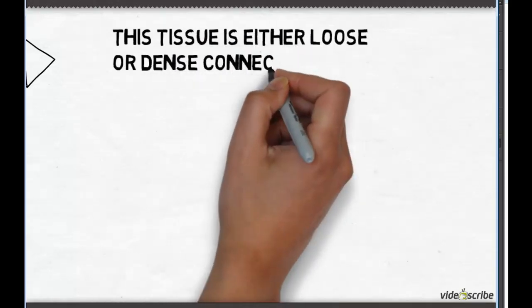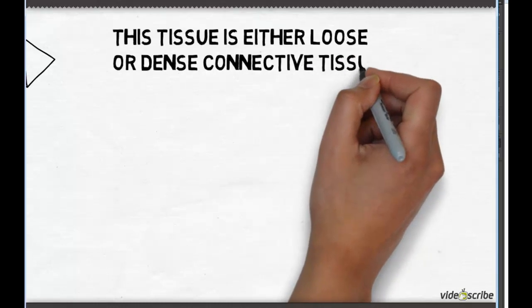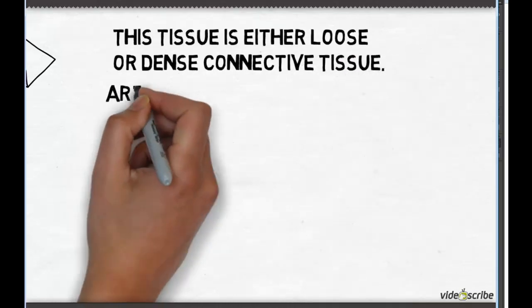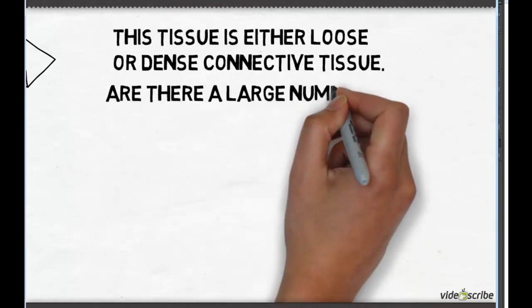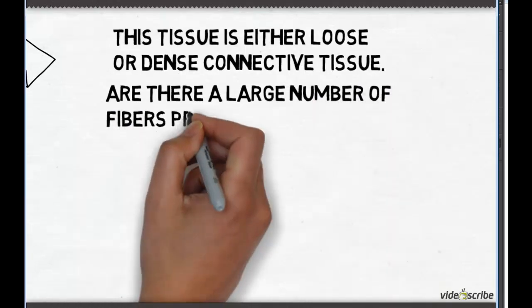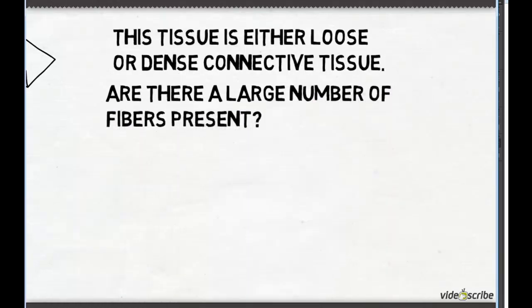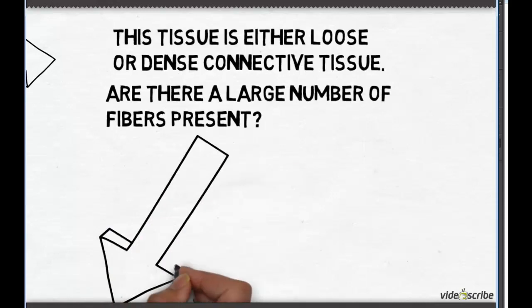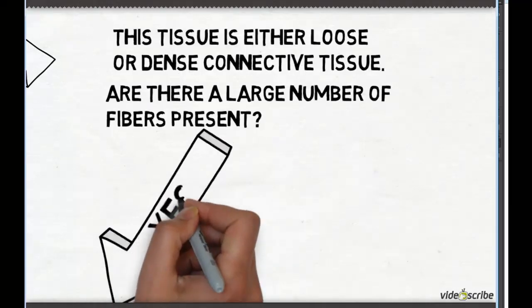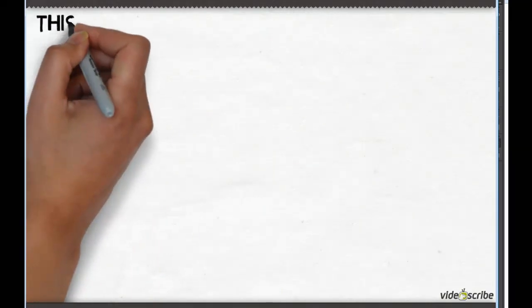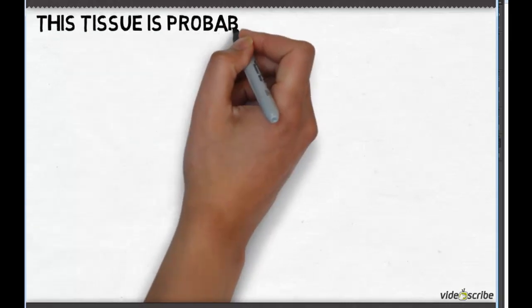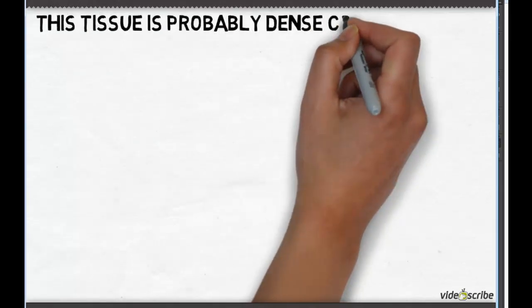To distinguish between these two, we need to ask, are there a lot of fibers present in the tissue? If the answer is yes, then the tissue is probably dense regular, dense irregular, or dense elastic connective tissue.